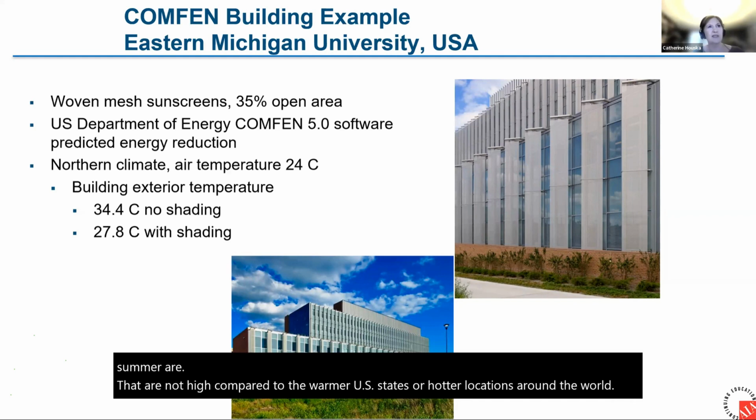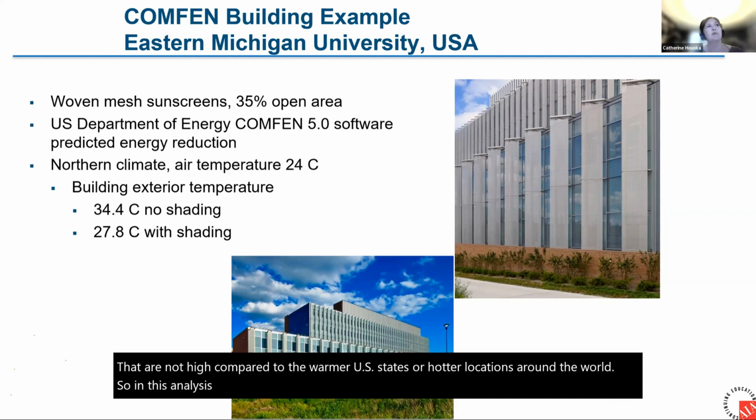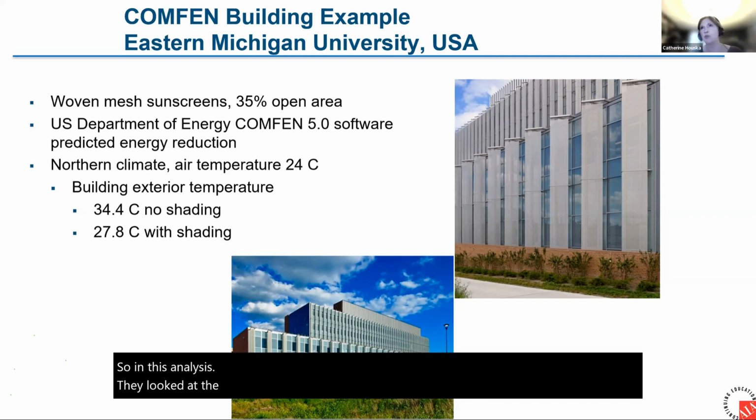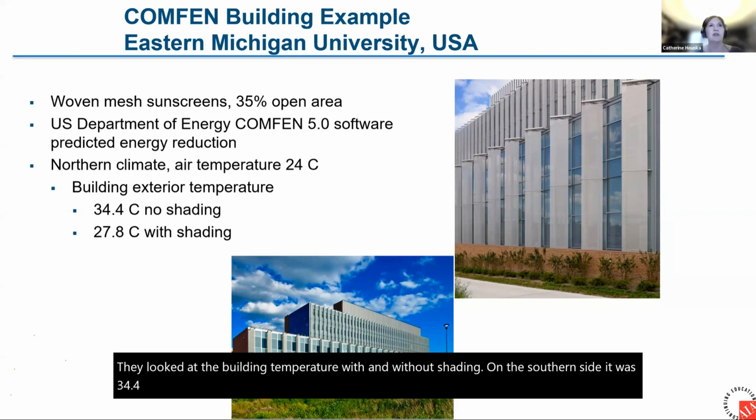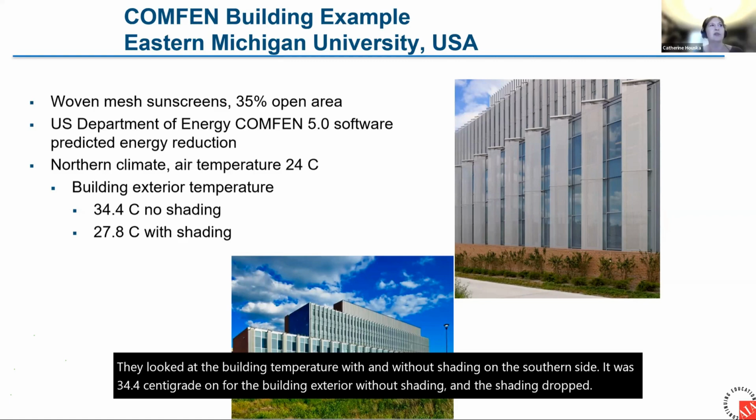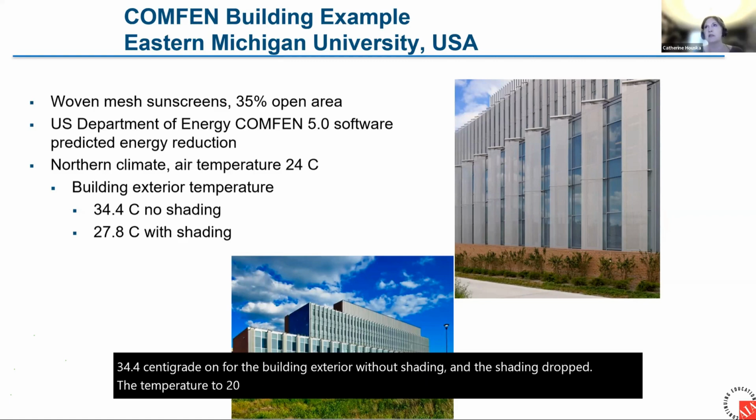So in this analysis, they looked at the building temperature with and without shading on the southern side. It was 34.4 centigrade for the building exterior without shading, and the shading dropped that temperature to 27.8.